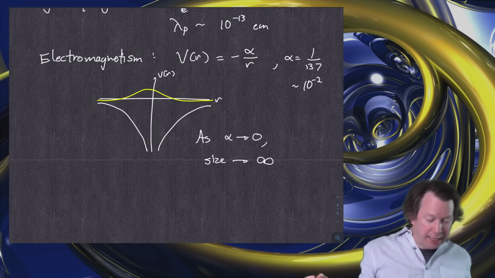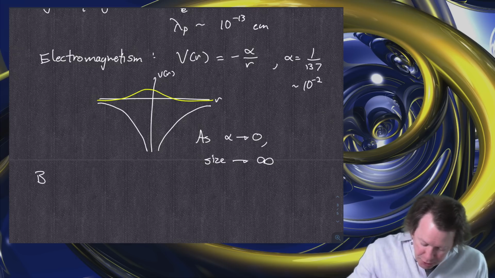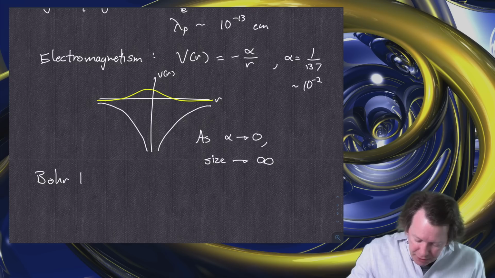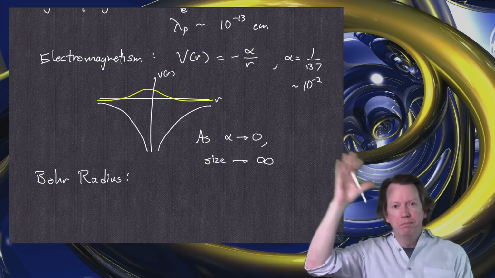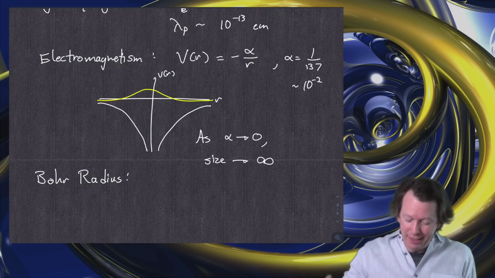So you might guess, well, let's not guess. Let's just tell you the answer. There's something called the Bohr radius, named after Niels Bohr, who figured it out long before quantum field theory was known, or even quantum mechanics was known. They were inventing it at the time.